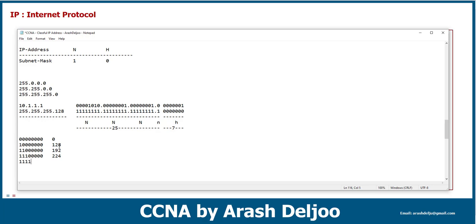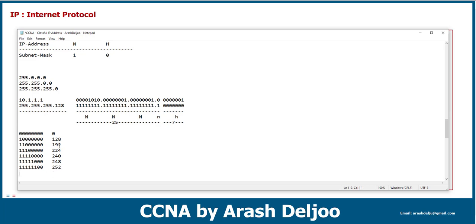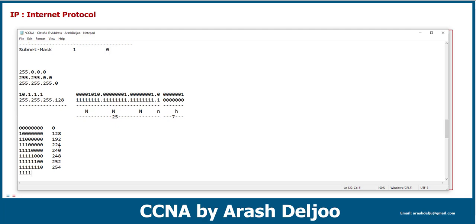Again 1111 and four 0s means 240. After that five 1s and three 0s means 248. Again six 1s and two 0s means 252. After that seven 1s and one 0 is 254, and finally eight 1s means 255. This means that we can see only these values in the octets of the subnet mask.